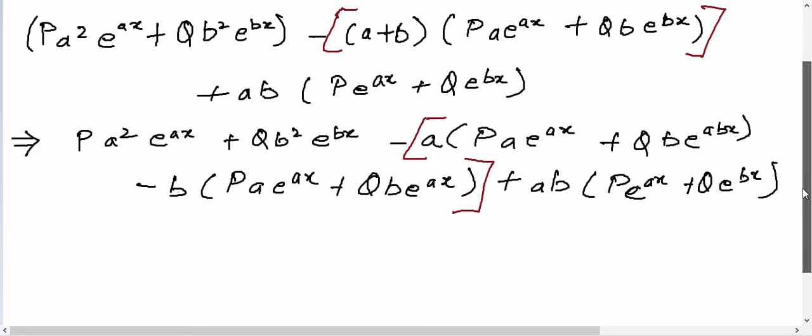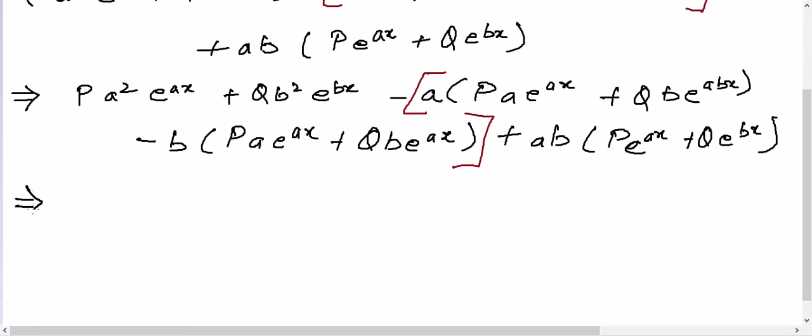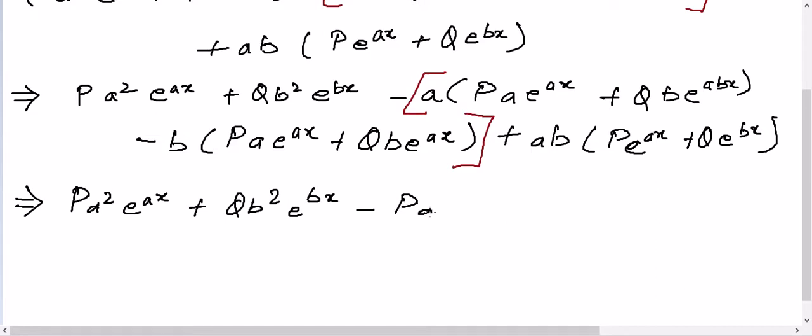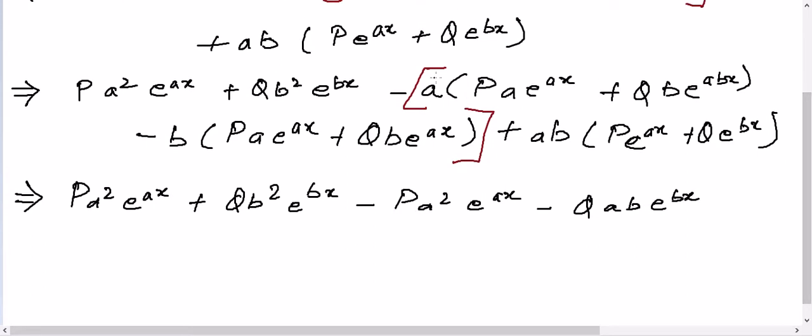So let's continue: p a square e to the power ax plus q b square e to the power bx, minus p a square e to the power ax, minus q a b e to the power bx. Let's check the steps. We are first multiplying it to the first term and then to the next term.